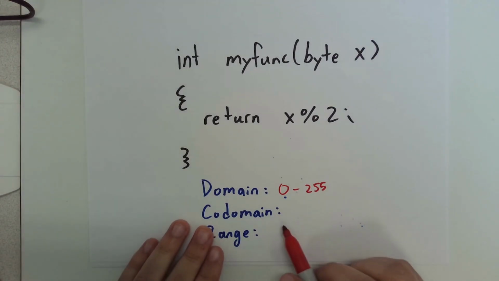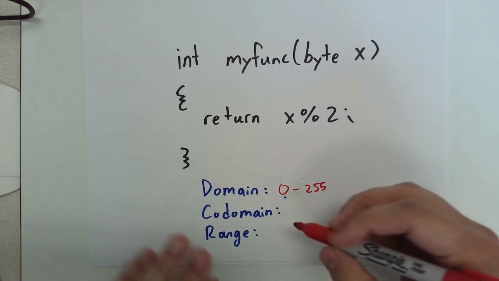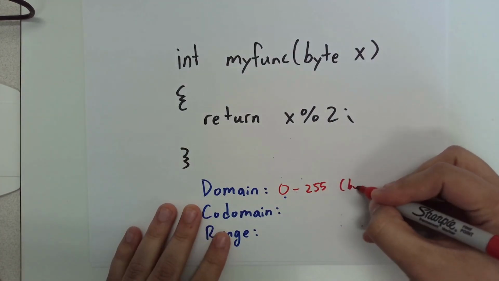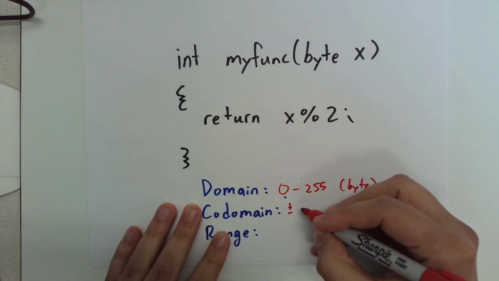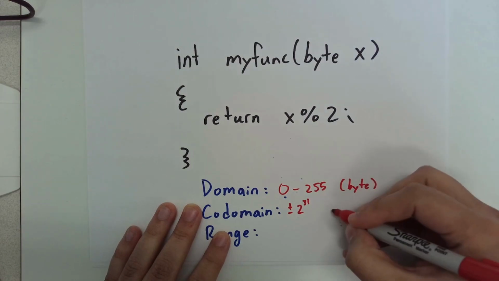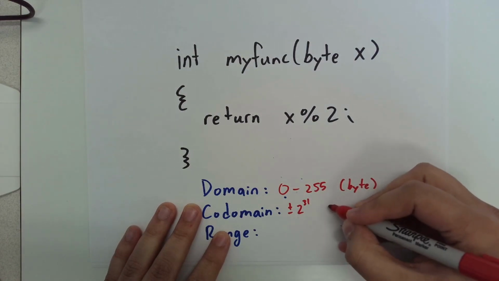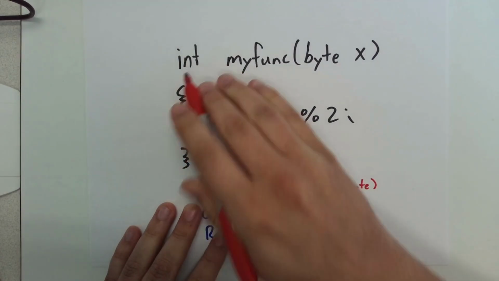Well, what about the codomain? The codomain is just everything this thing could theoretically return. That's going to be 2 to the power 31, or a 32-bit integer. You can see that up here in the return type.